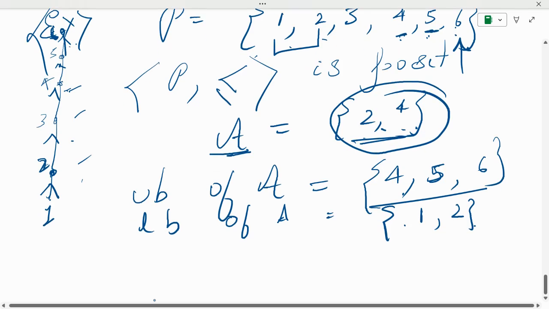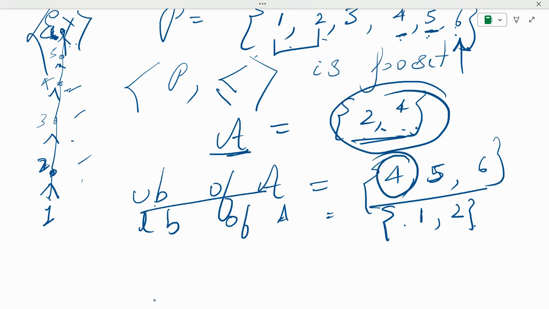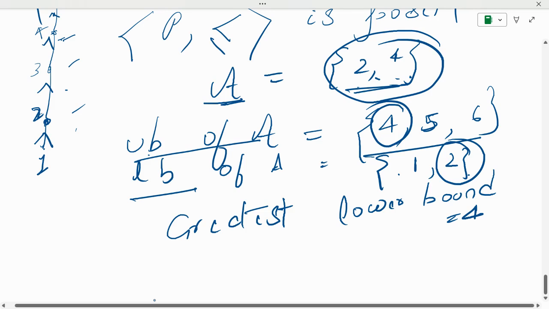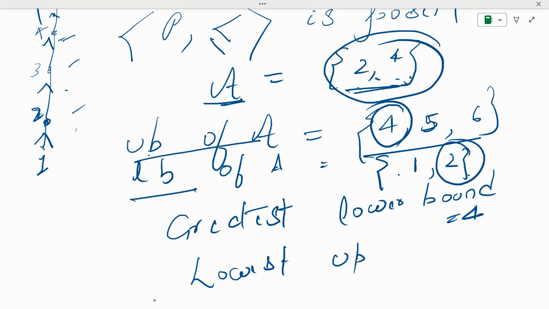Now out of this upper bound of A, we have to calculate the least upper bound, and out of this lower bound of A, we have to calculate the greatest lower bound. The greatest lower bound is 2, and the lowest upper bound is 4.